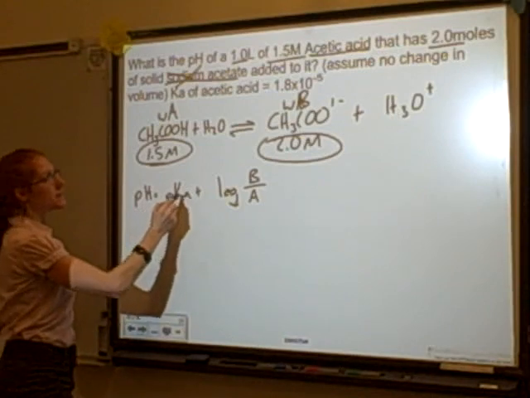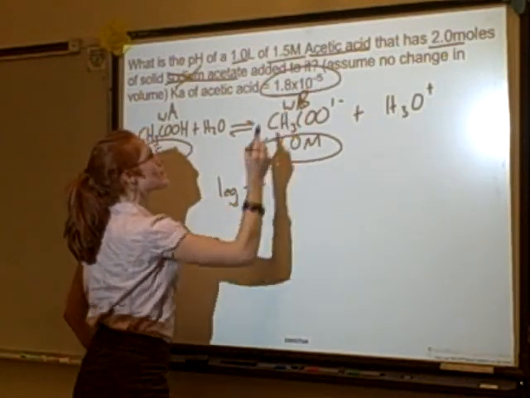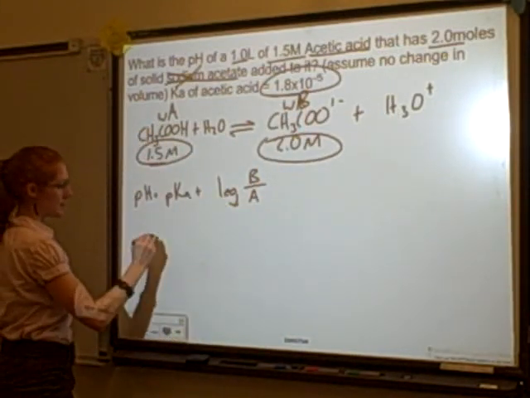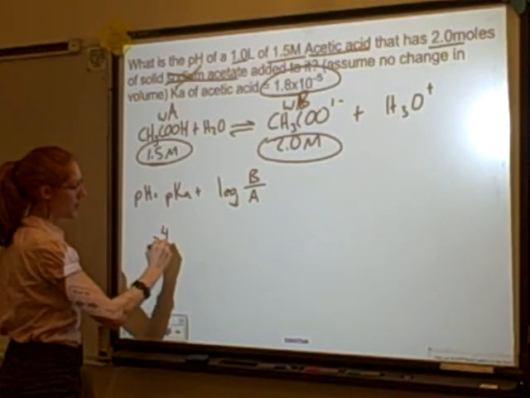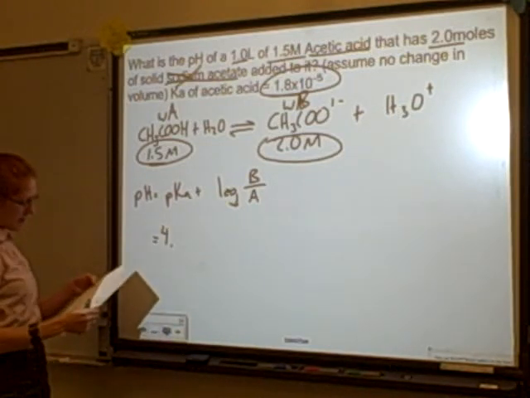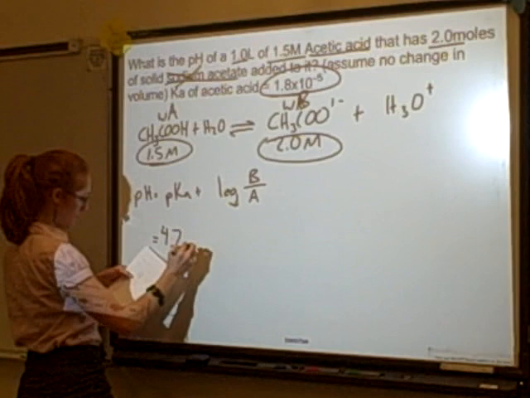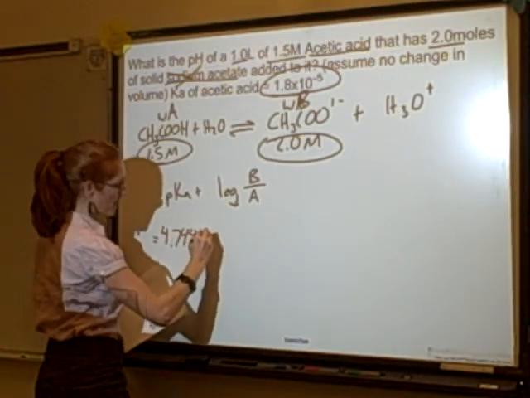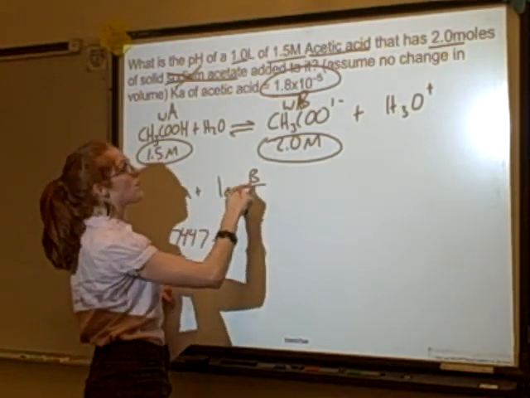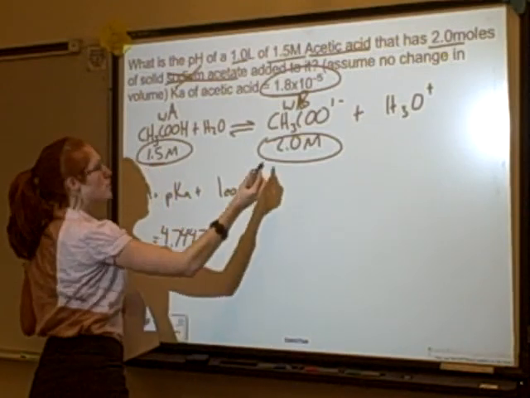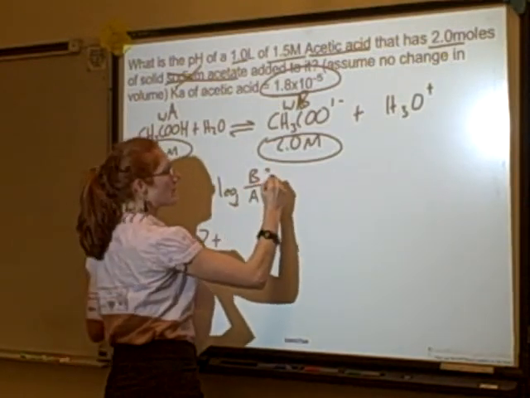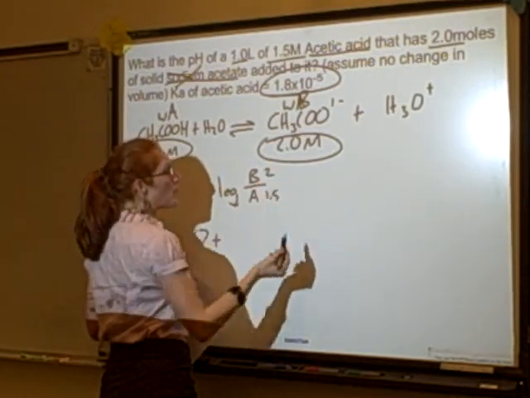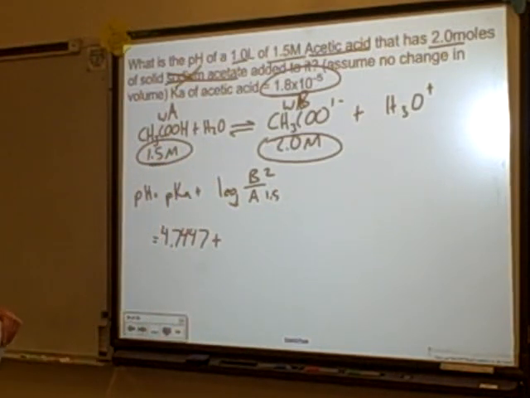So I'm going to negative log this, and when you negative log that, you get 4.7447, okay, plus log of base over acid. So that's going to be 2 over 1.5. I could use moles or molarity either way, and I'll get the same answer.